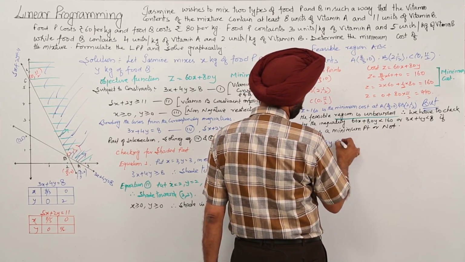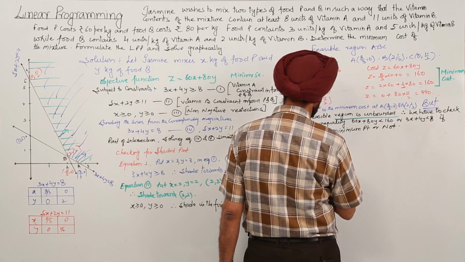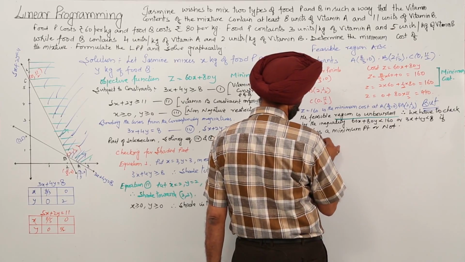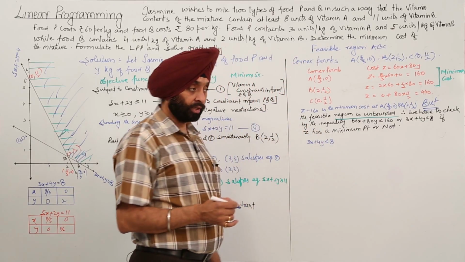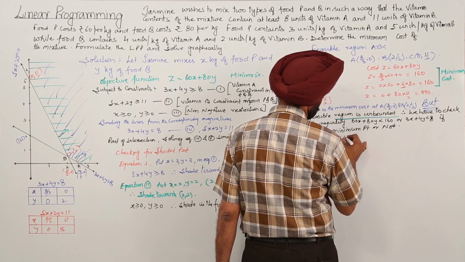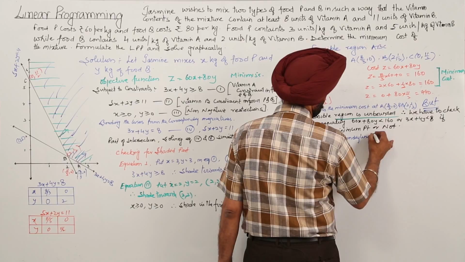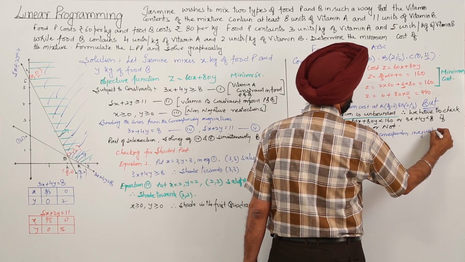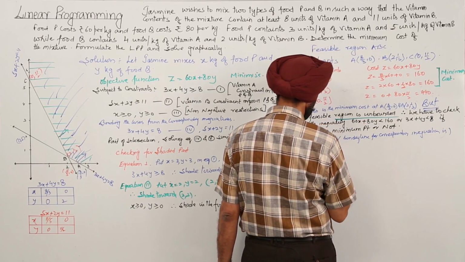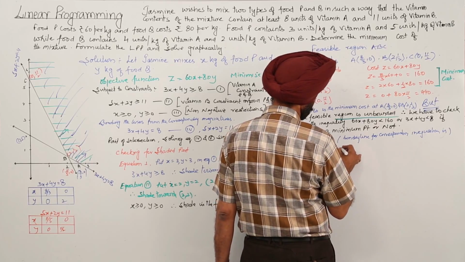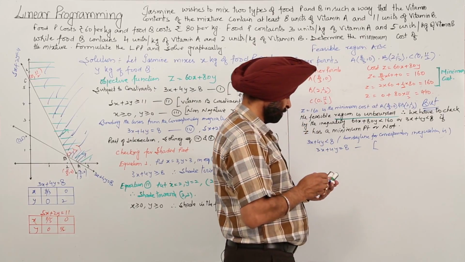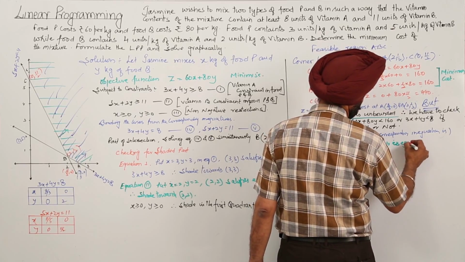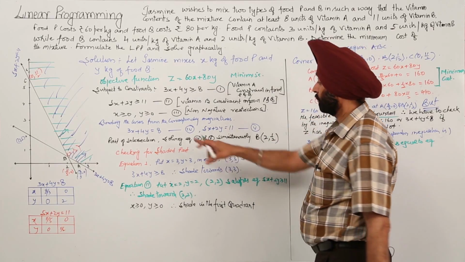Okay, so now we are having 3x plus 4y is less than 8, and the bounding line for the corresponding inequation is 3x plus 4y is equal to 8, and this is equation 4.